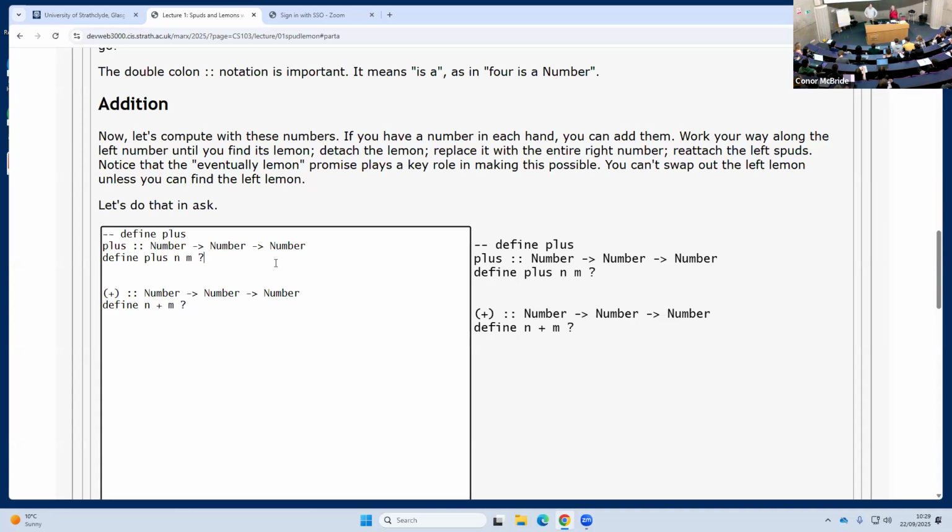We make definitions essentially by writing equations. n is going to be the left number, m is the right number, and remember we worked our way along the left number till we got to the lemon. So we are relying on the promise that we can't keep making the left number smaller forever. The way you pronounce that promise is inductively n.